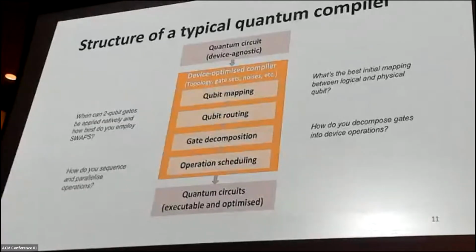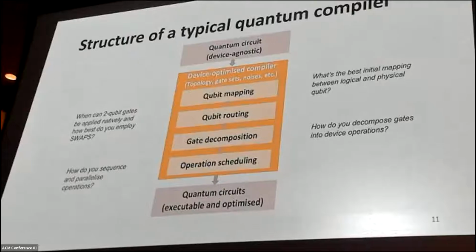So this is a structure of a typical quantum compiler, and they usually have to perform a series of decisions, not necessarily in this particular order. So they need to make a decision about the qubit mapping, i.e. which physical qubits on the device will map to which logical qubits in the computation. They need to make a decision about routing.